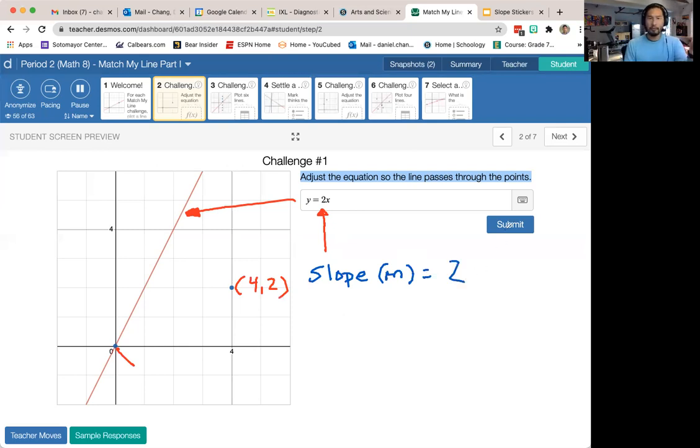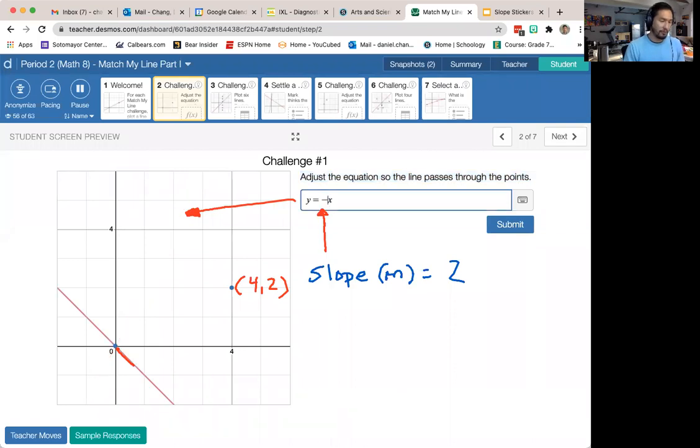So play with different numbers. Just change this 2 to a 1, to a -1, use negative numbers, use fractions, and just see what happens. -3, what happens? Oh, my line dips very steeply, going down underneath the x-axis.